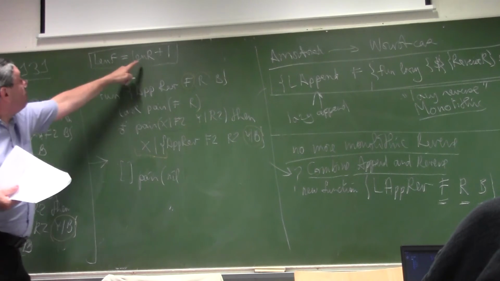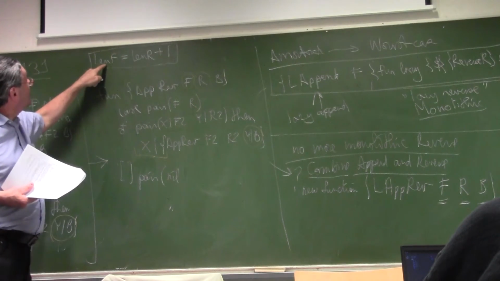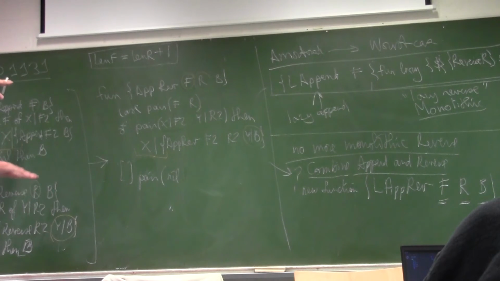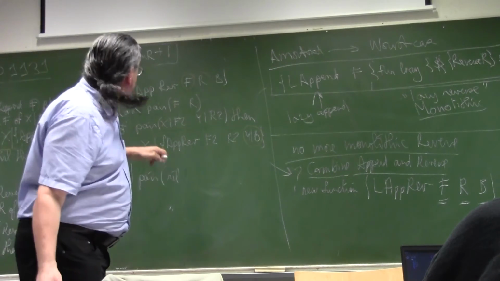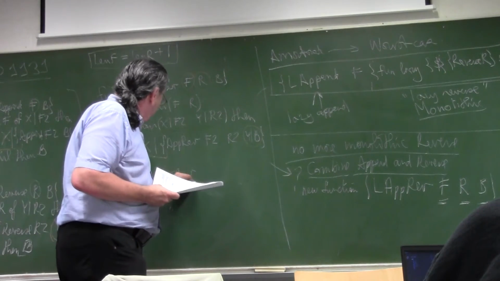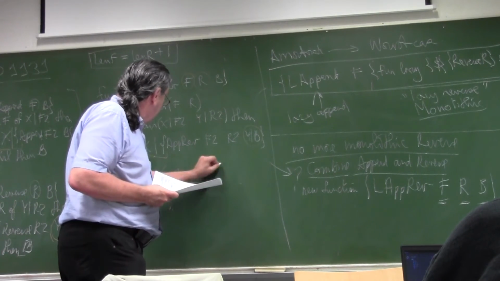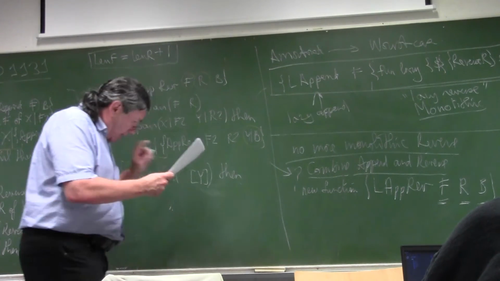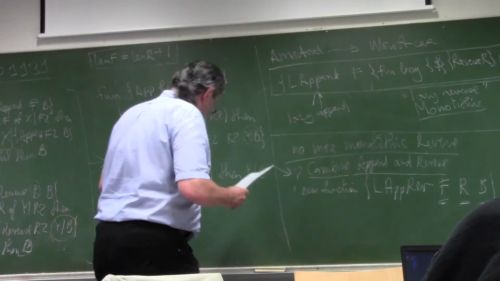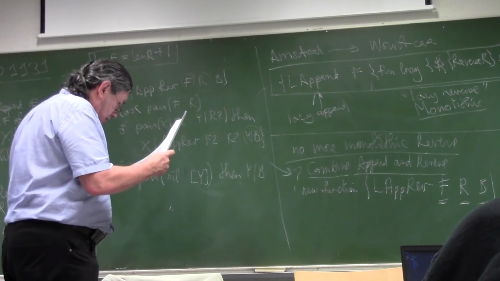In fact, R will be exactly one higher than F, because when R starts from 0, it grows, and when it's just a little bit higher than F, we do the check. So that means when F gets to nil, R will have one element left, which I call Y here. And then the result is Y B.